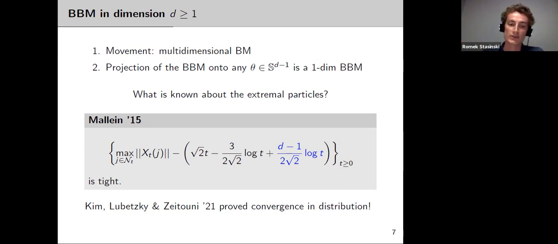And the actual correction was determined by Bastien Mallein, who proved that when we increase the dimension, we add another logarithmic correction, and this increase is linear in the dimension. So Bastien proved that if you look at the family of distributions corresponding to the position of the furthest particle centered by this term, then this family is tight. And this result was recently strengthened to full convergence in distribution by Kim, Lubetzky, and Zeitouni.